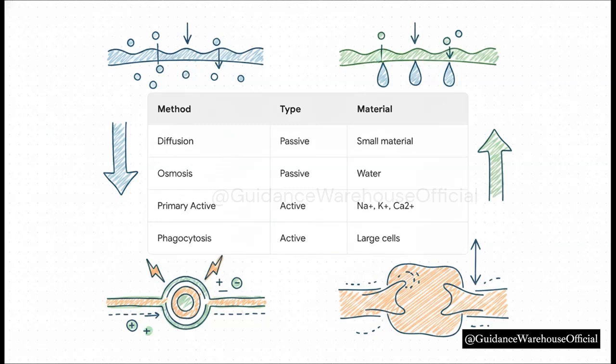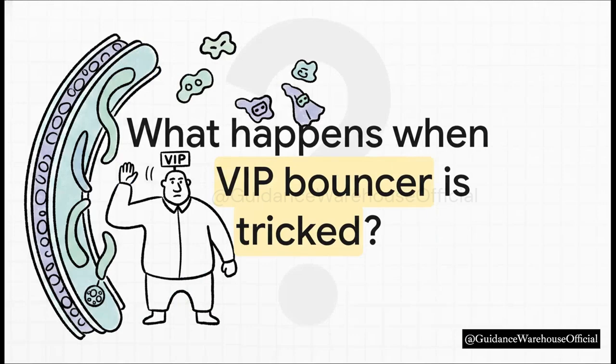Now, let's connect all this back to the real world with one final provocative thought. We just talked about receptor-mediated endocytosis acting like a VIP bouncer, keeping the cell incredibly selective about what it brings inside. But what happens when that VIP bouncer gets completely tricked?